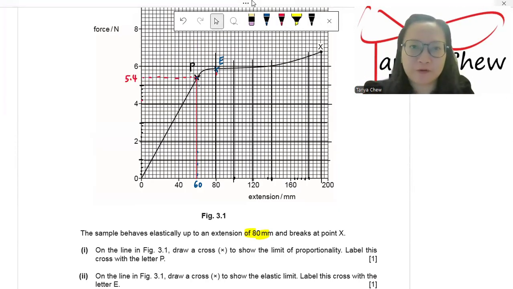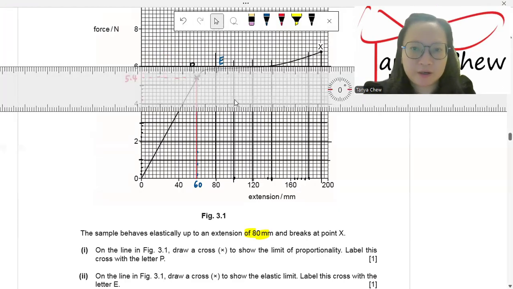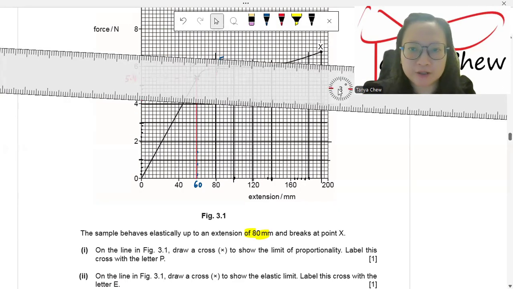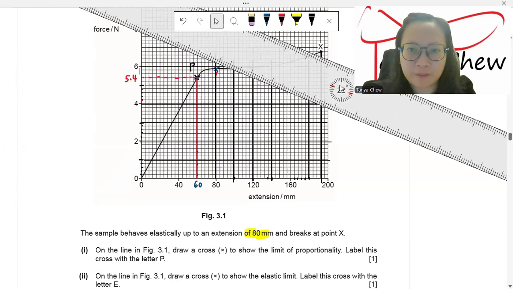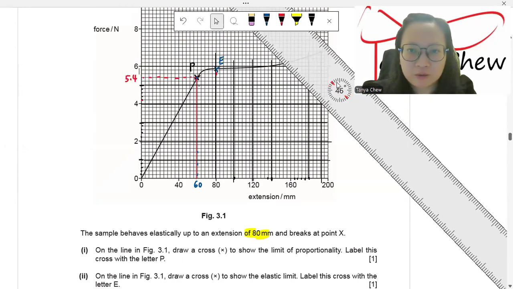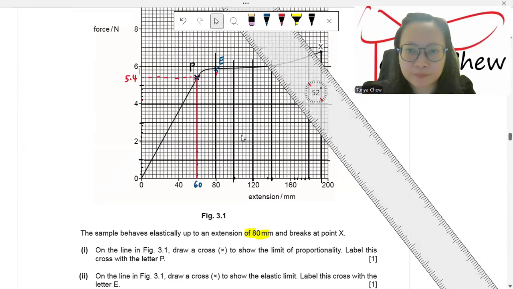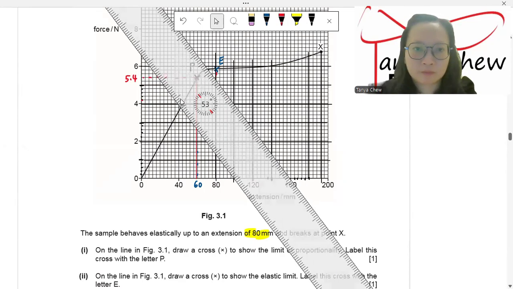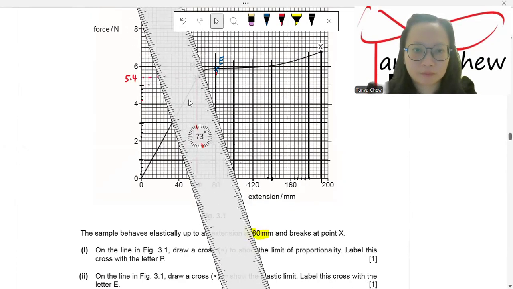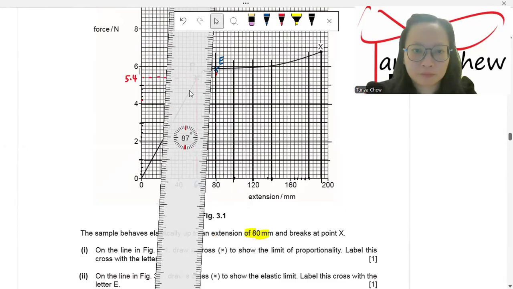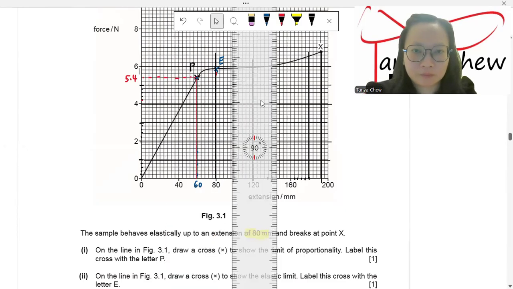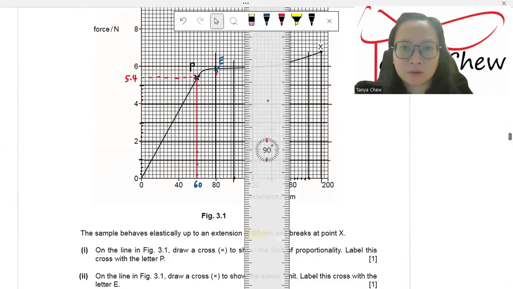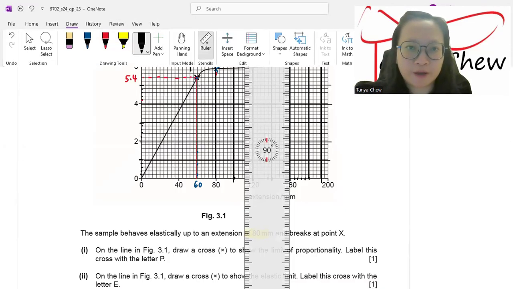Oh, I forgot to draw a vertical line here. Now let me draw the last vertical line here before I perform my calculation. This is the one. Now I'm done with that.